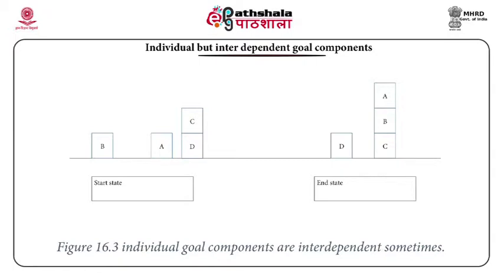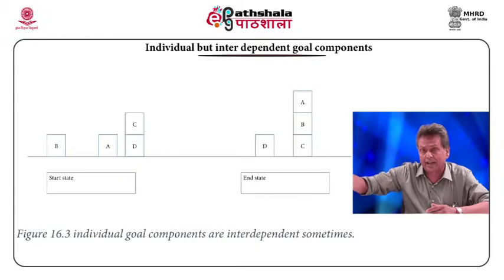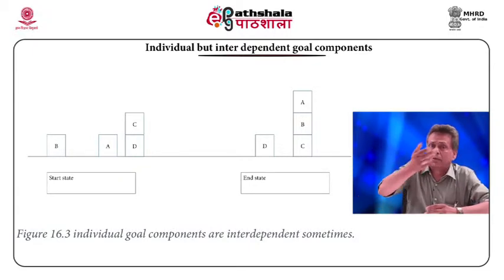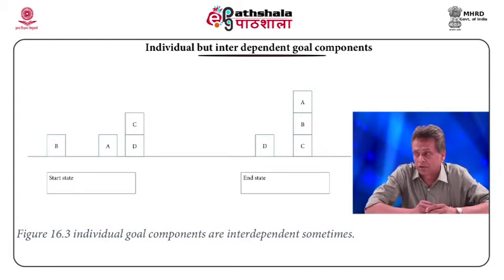Out of this, I say on AB is my first component. If I try to achieve that, the problem is, you can see that if I place A on top of B, it is nearer to the goal state, but it is not the goal state. In fact, I have to break it apart again. Now, this is very similar to something that we have seen while we discussed local and global heuristic functions.